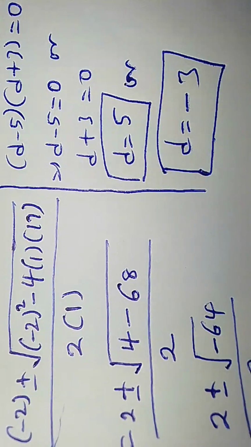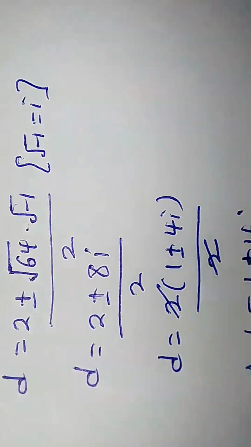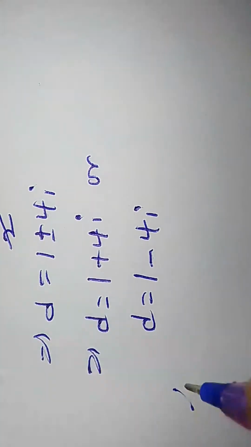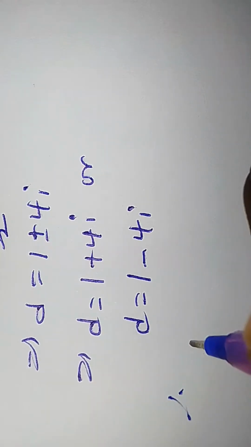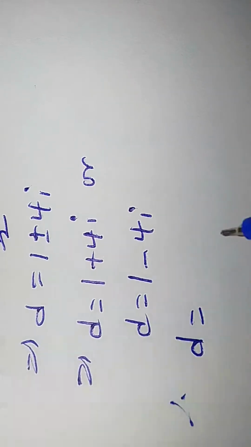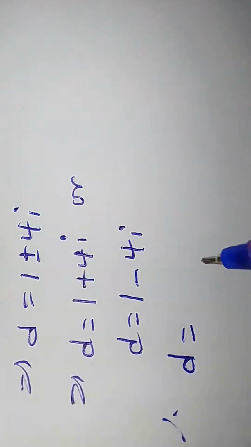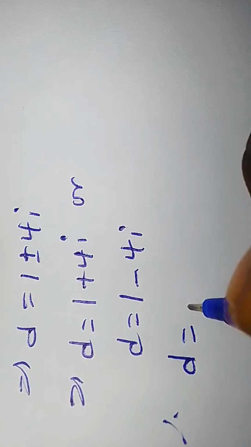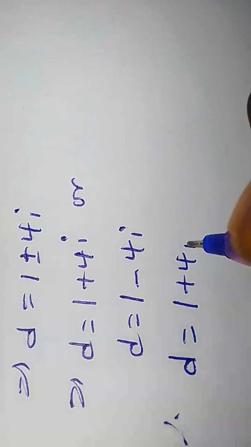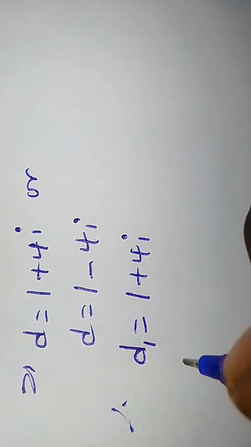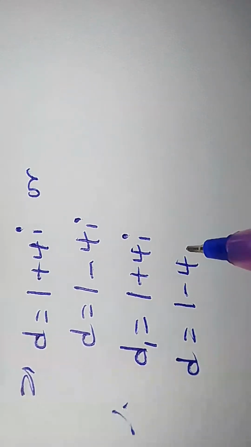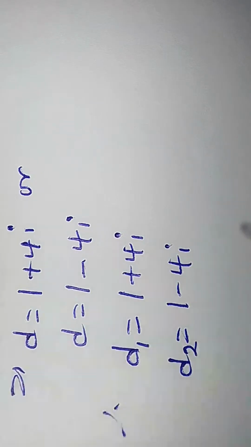Now, let us put down all the solutions that we have for this equation. The first ones are the two complex solutions we first obtained: 1 + 4i, let's call it d1, and 1 - 4i, let's call this d2.